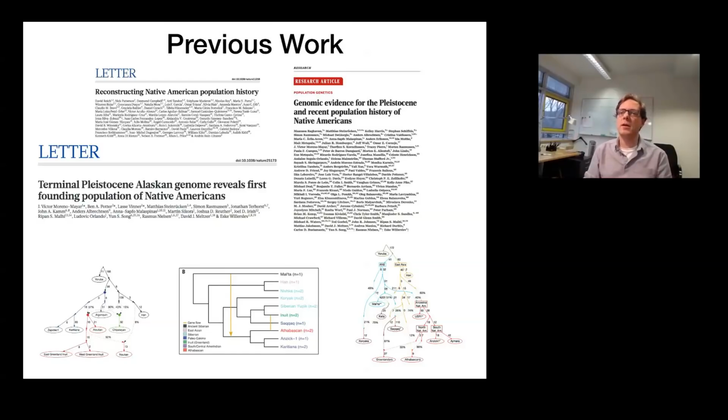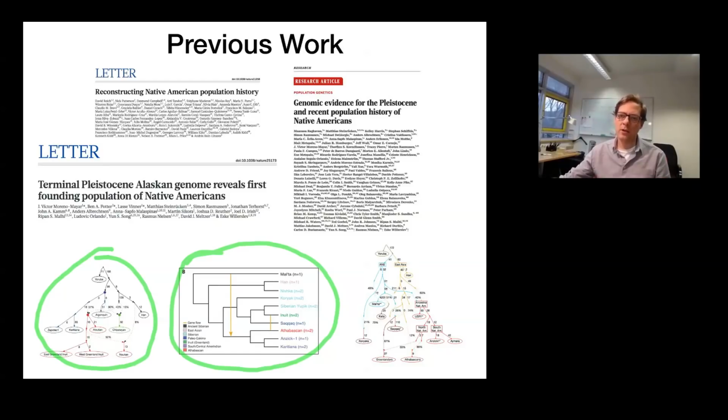Of course, we're not the first ones to look into this. There are many previous papers about this. There's one from David Reich and colleagues from 2012, one from Manasa Raghavan and colleagues in 2015, and a more recent one from Victor Moreno-Mayar et al. from this year. I don't want you to pay much attention to these models, which are very complicated and of course deserve their own talk.